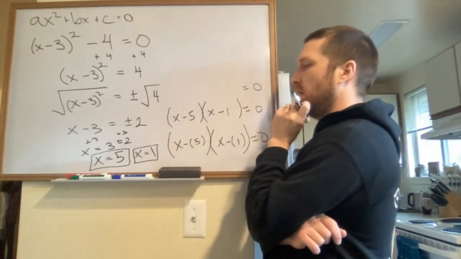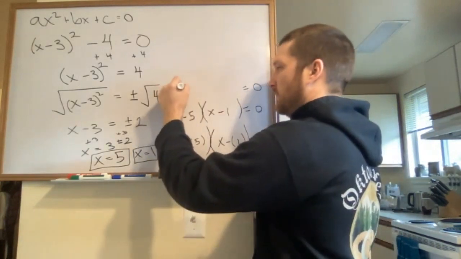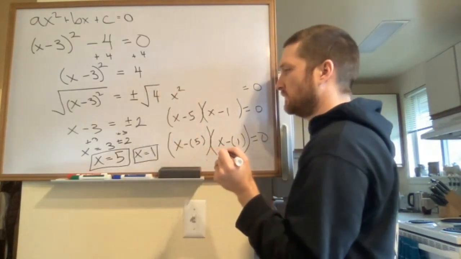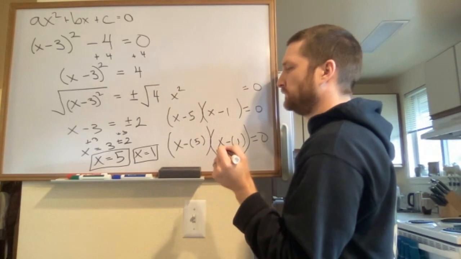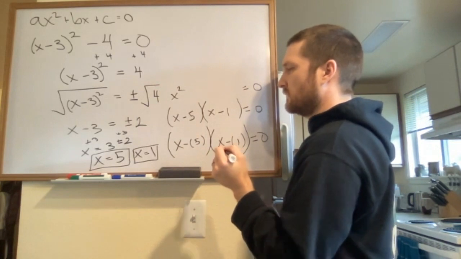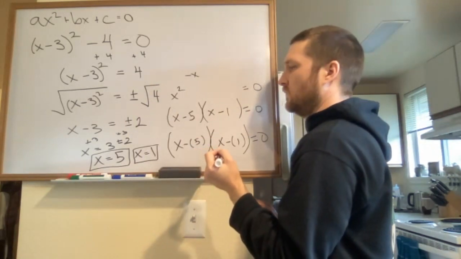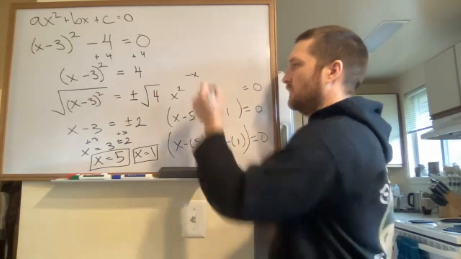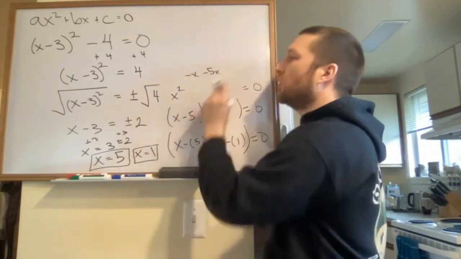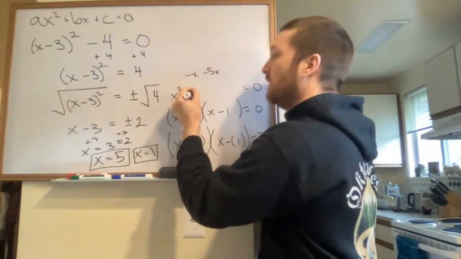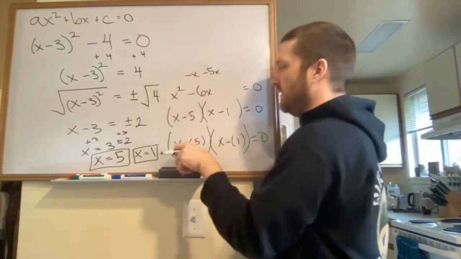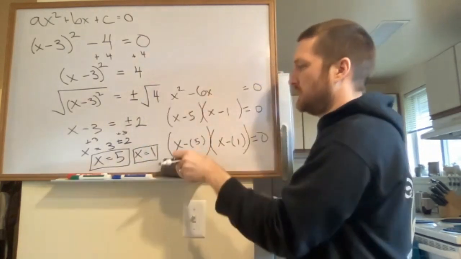So x squared. X squared. Minus x. Minus 5x is minus 6x. For a total of, what'd you say? Minus 6x. Got it. And then what is my last?